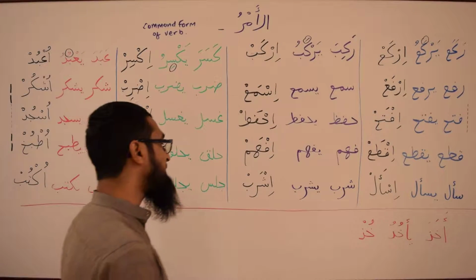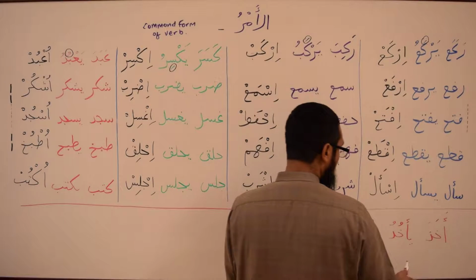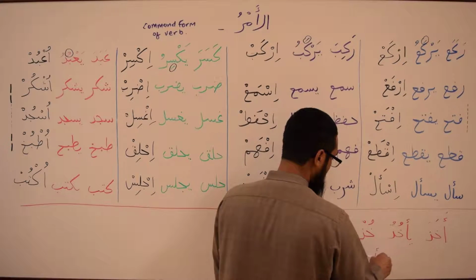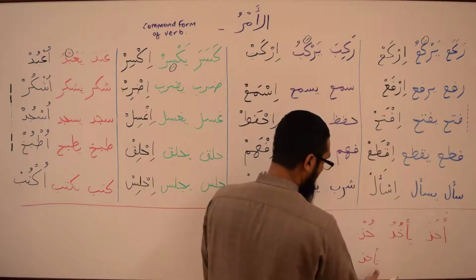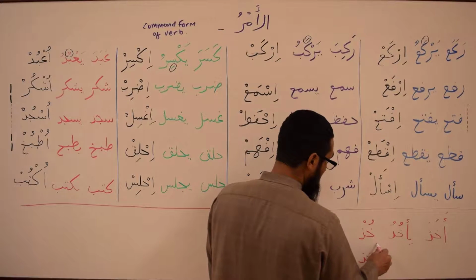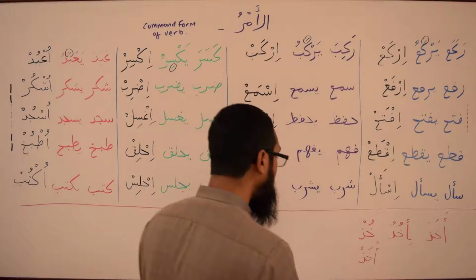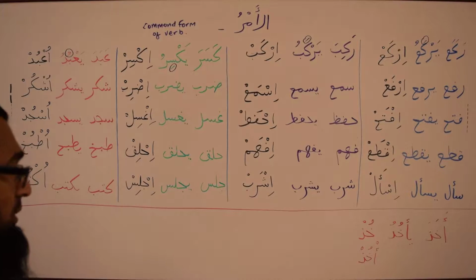The reason for this is that if you follow the pattern, let's say you took the word ta'khudu, right? You drop the ta, leave the sukoon here, the dhamma, and you put a sukoon here. How do you pronounce it? Khud.